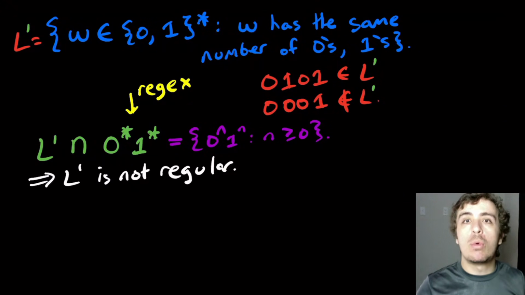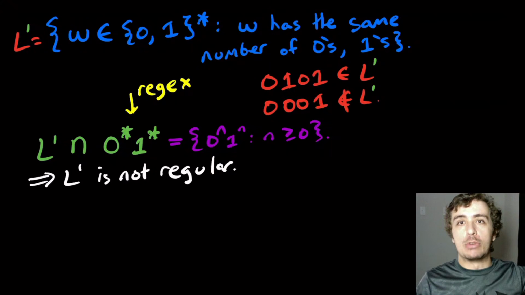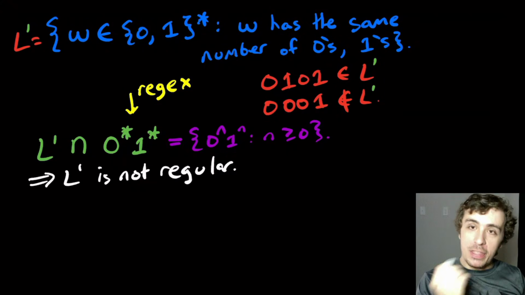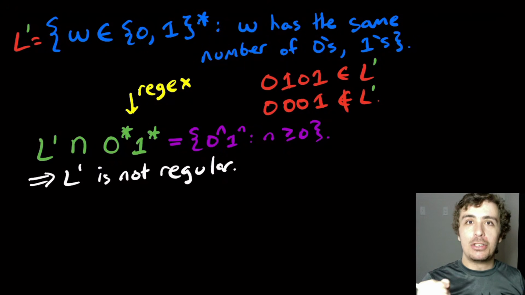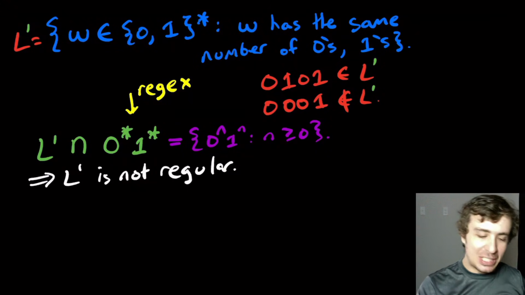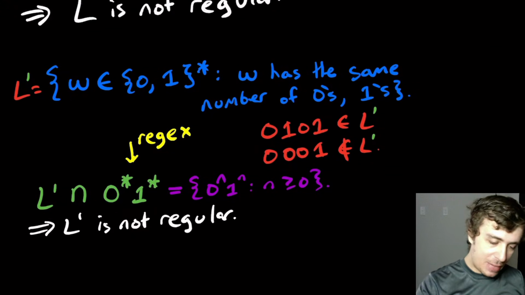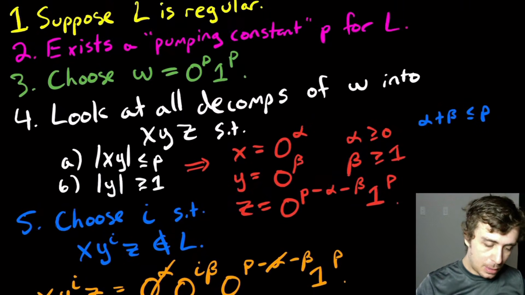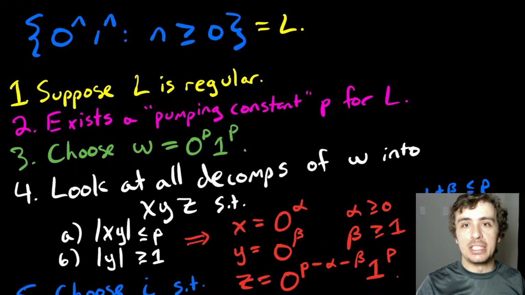But suppose that we wanted to prove this straightforwardly, without any closure properties whatsoever. Well, the thing that we can do is use the proof of 0 to the n, 1 to the n not being regular verbatim, except changing L for L prime. In fact, I have the proof right here. So we've shown before that 0 to the n, 1 to the n is not regular.